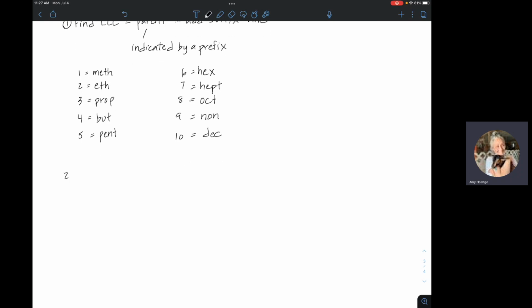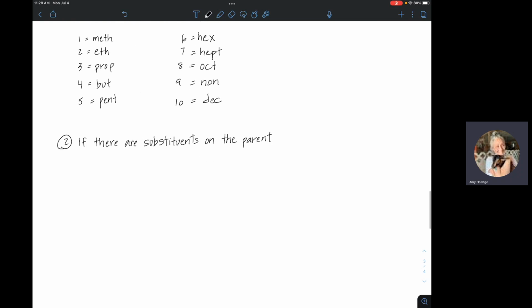The second rule that we're going to follow is if you have substituents, so if there are groups on your parent, we call these substituents. In other words, you count out the longest continuous chain and you notice that there's a substituent on one of the carbons.